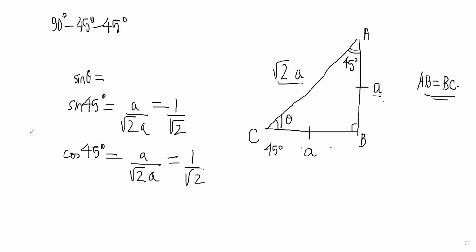So the reason the ratio came is because we use the geometric properties of isosceles triangles. The angles are equal and therefore the sides must be equal. And then we use Pythagoras theorem. Are you understanding what I'm saying? Yes, sir.